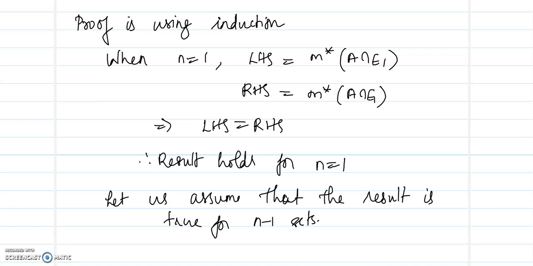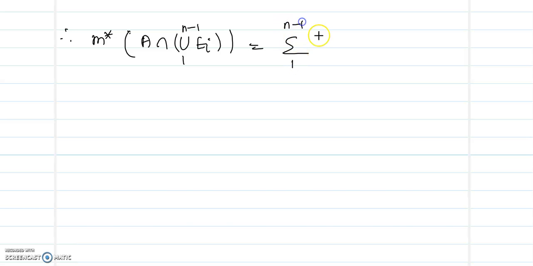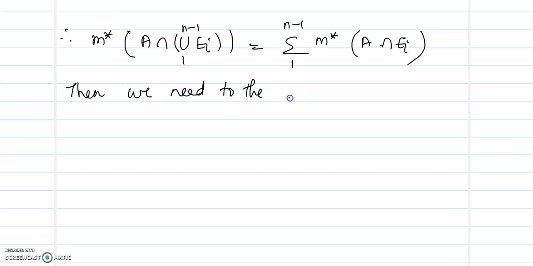So if the result is true for the n minus 1 case, then we will get m star of A intersection union 1 to n minus 1 Ei will be equal to summation 1 to n minus 1 m star of A intersection Ei. Then by induction, we need to prove the result for n sets. So let us see how we prove the result for n sets.